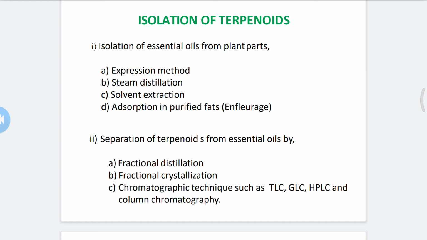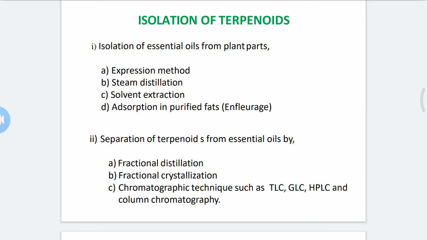Next is the separation of terpenoids. There are two main parts: first the isolation of essential oil, and second the separation of terpenoids. Separation has three steps: first fractional distillation, second fractional crystallization, and third chromatographic techniques such as TLC, GLC, HPLC and column chromatography.